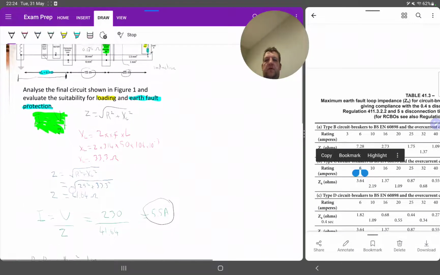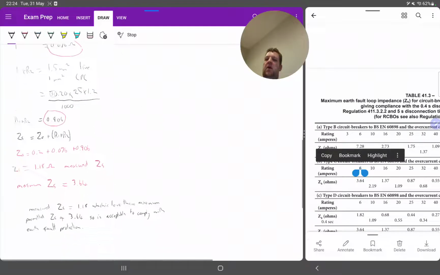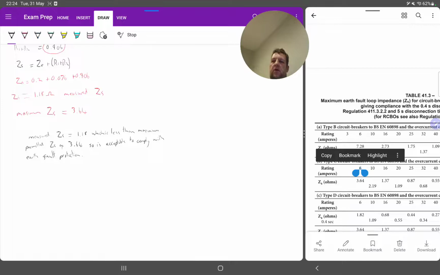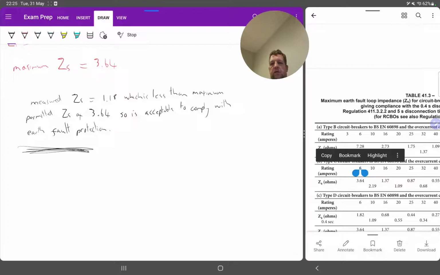When I've done this, I've used different colours, but you do step 1, step 2, step 3, step 4. Final answer, what I would do at the bottom is underline my final answer, or make some note that that's my final answer, and people can look at it and say, yes, they know what they're talking about, they've worked everything out step by step, and they're happy that they've got there. So it's quite a straightforward question when you know how to do it.